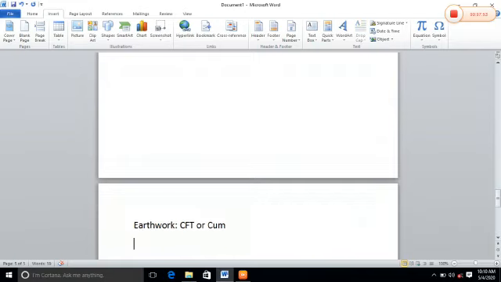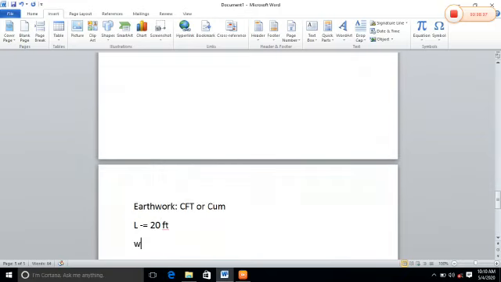For example, I have an area whose length is 20 feet, width is 2 feet.